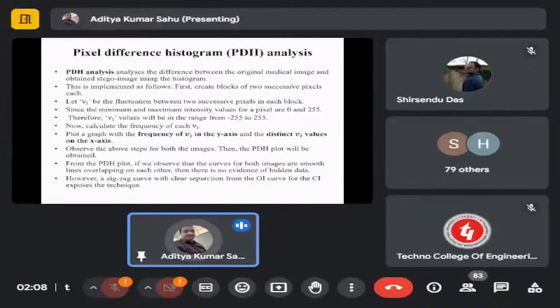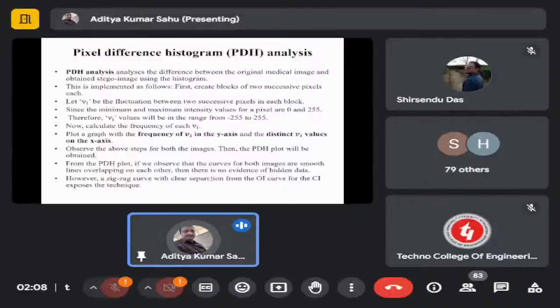PDH analysis, pixel difference histogram analysis, can be applied to any steganographic technique, but it is mostly applied to PVD techniques, as PVD techniques are more vulnerable to PDH analysis compared to LSB, modulus function, edge-based or any other techniques.